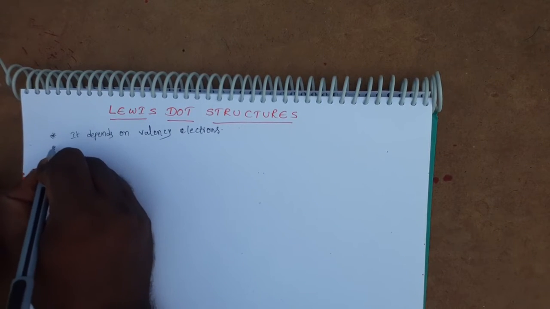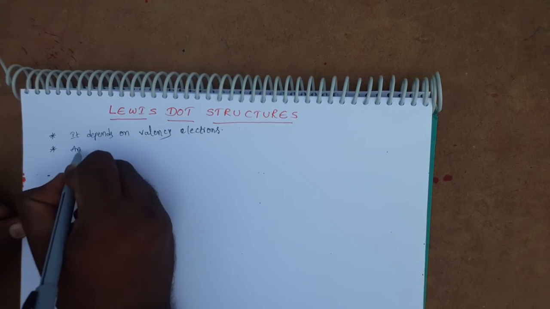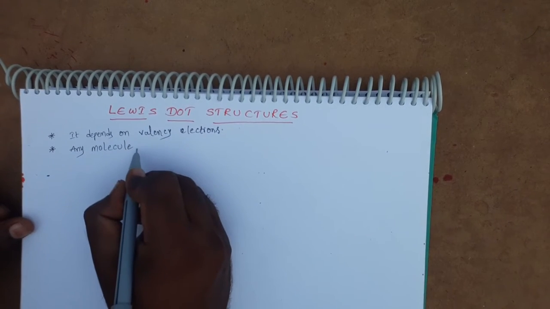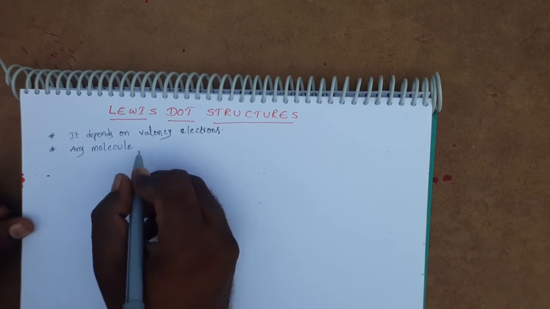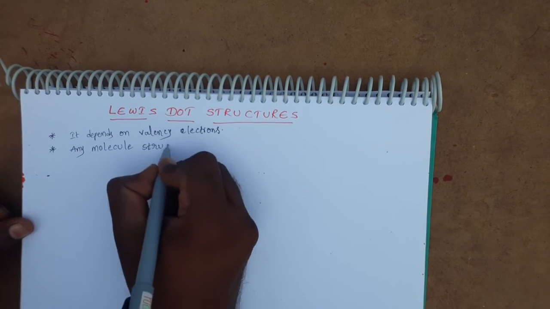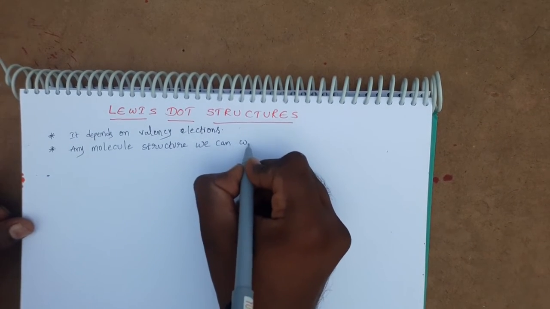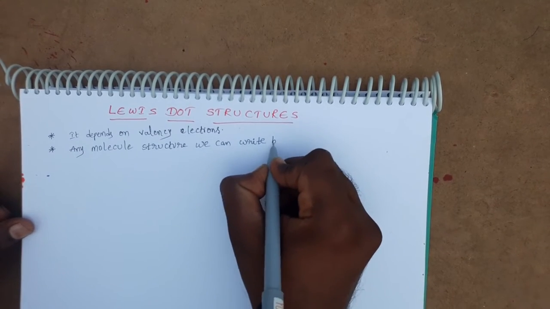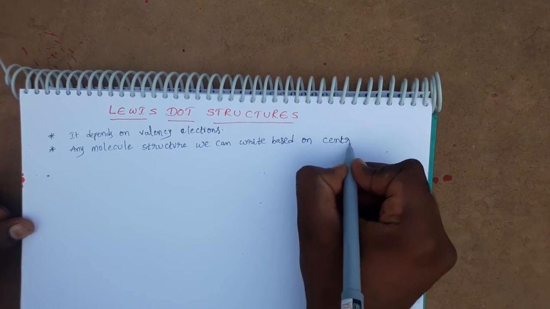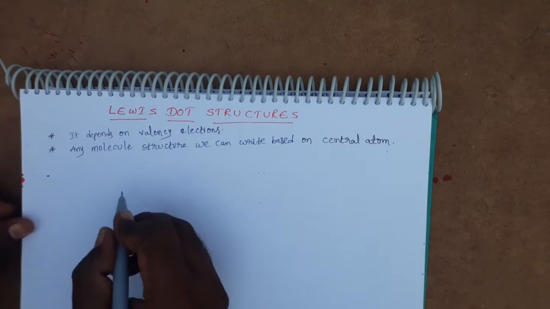And after this, we can consider any molecule. In those molecule structures, we can write based on the central atom. Based on which atom? Central atom.